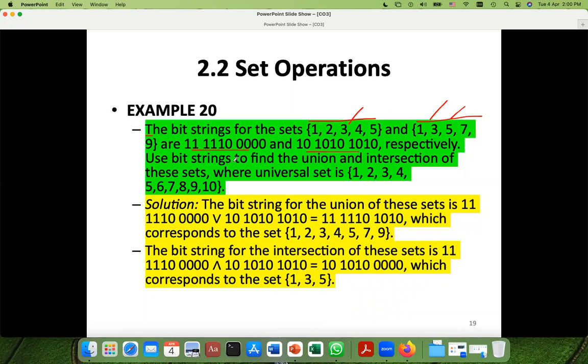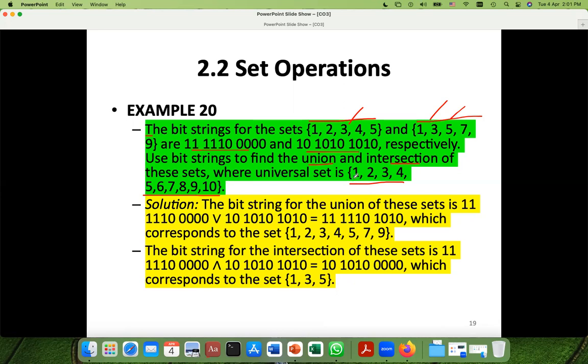Use bit strings to find the union and intersection of these sets, where the universal set U is 1, 2, 3, 4, 5 up to 10.